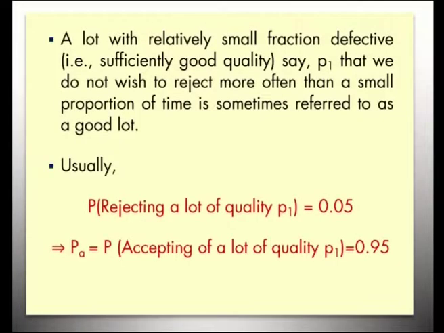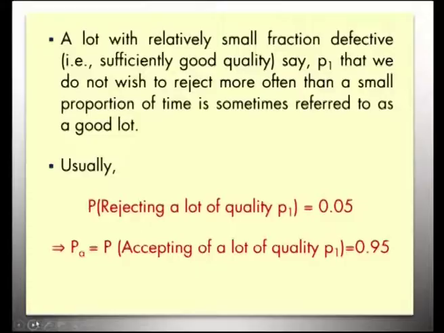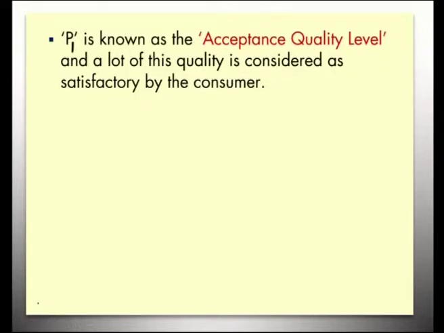So, a percentage of acceptance is prescribed: the probability of accepting a lot of quality P1 is 95%.